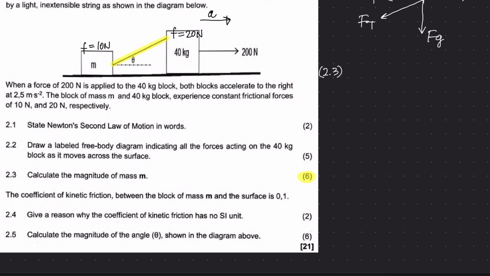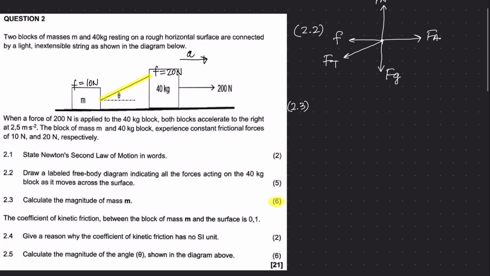Now, since the previous question had asked us to draw the free body diagram for the 40 kilogram block, most times it means that we need to start with that. So let's see what we can work out for the 40 kilogram block.